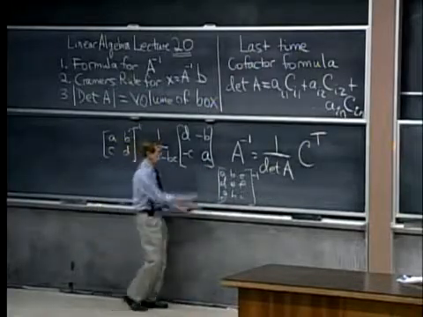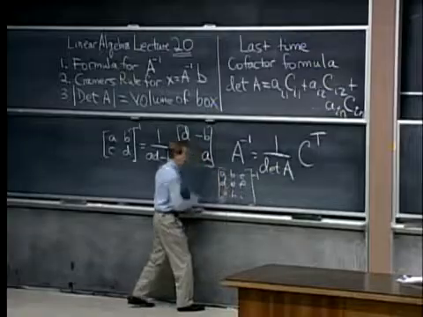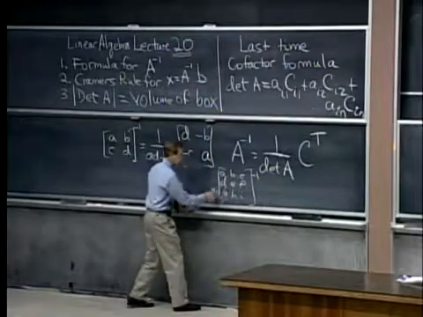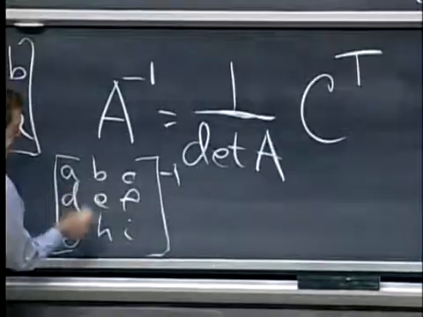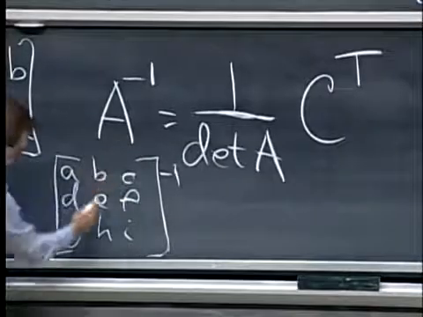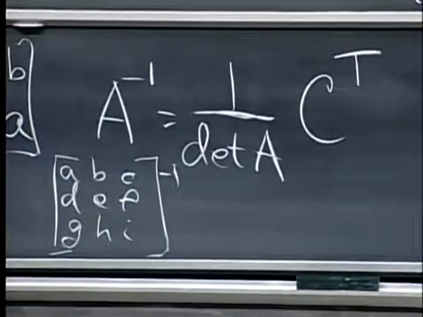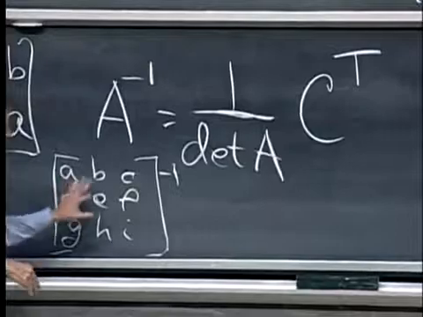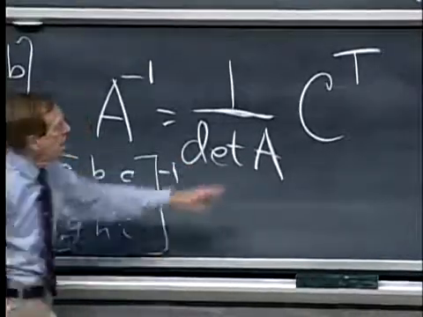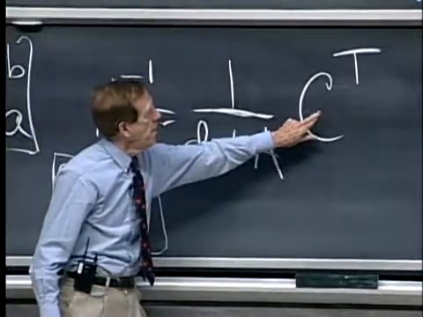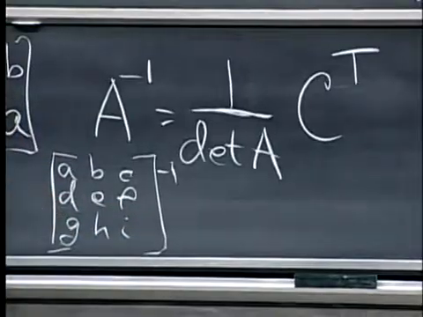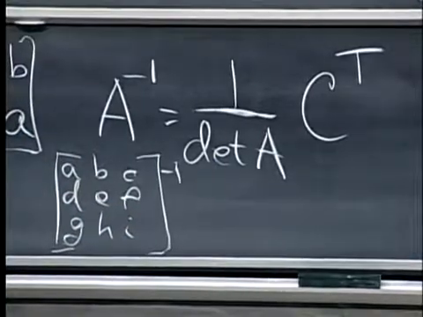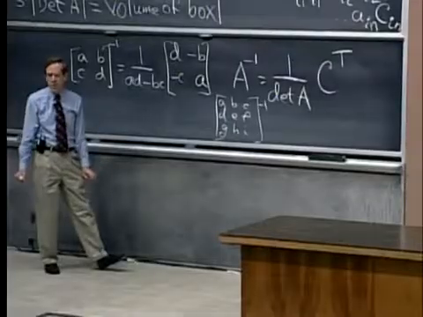The determinant of this matrix will involve A times E times I, and B times F times G, and C times D times H, and minus C, E, G, and so on. So things with 3 factors go in here. How many factors do things in the cofactor matrix have?